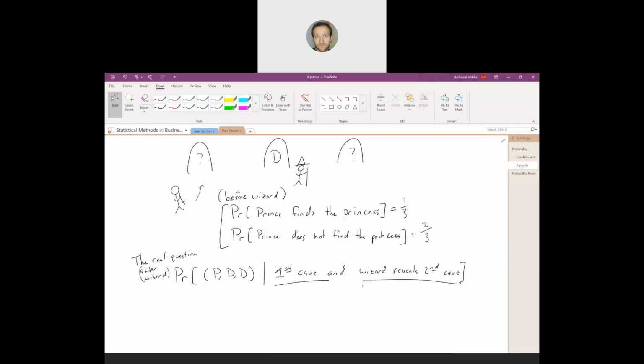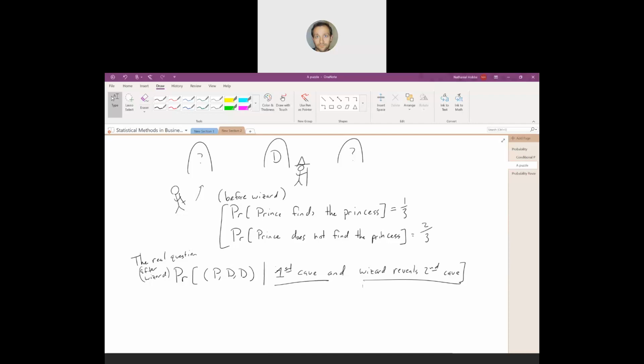You can consider other possibilities, but they all are the same. In this case, we're just imagining that, because it doesn't matter, the prince chooses the first cave, and now the wizard is going to reveal a dragon in one of the other two.